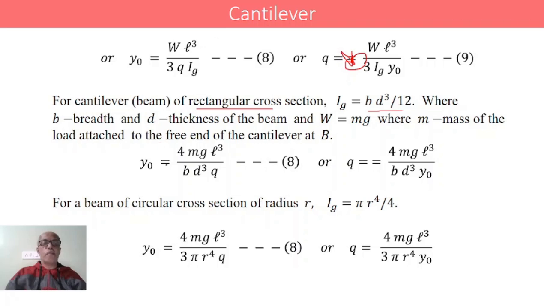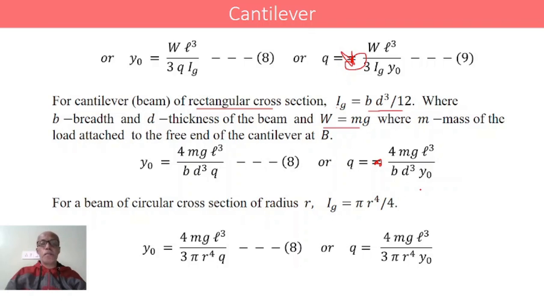Therefore, equation 8 becomes y naught equals 4 mg L³ by b d³ Q. I have substituted for Ig and for W in equations 8 and 9. Therefore, Q becomes 4 mg L³ by b d³ y naught.